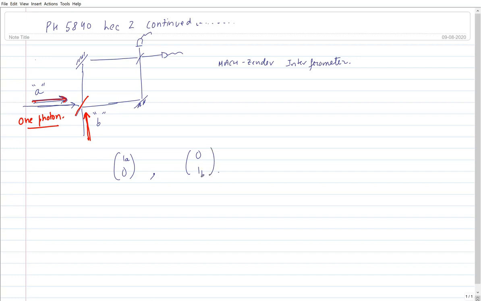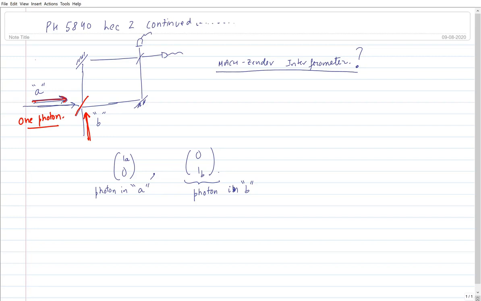So these are essentially the photon in A, and the photon in B. Now, I can ask the question, what exactly is the Mach-Zehnder interferometer?